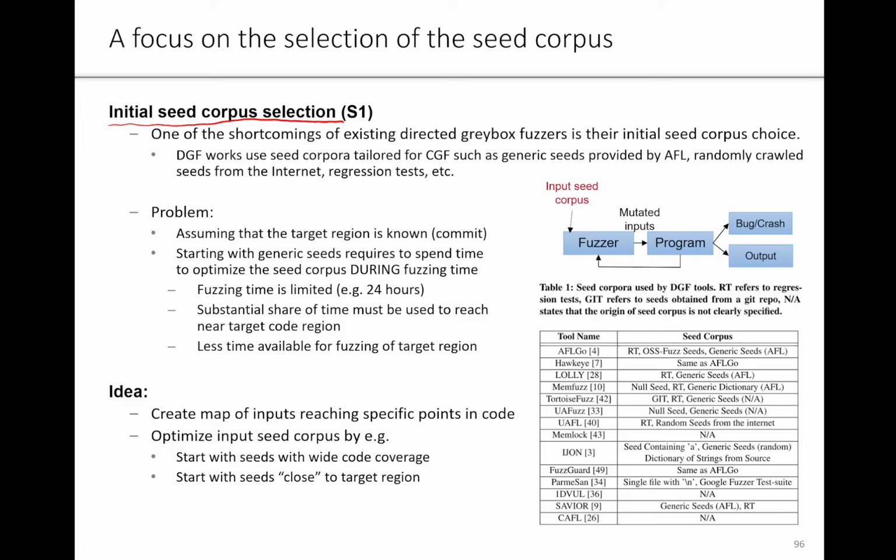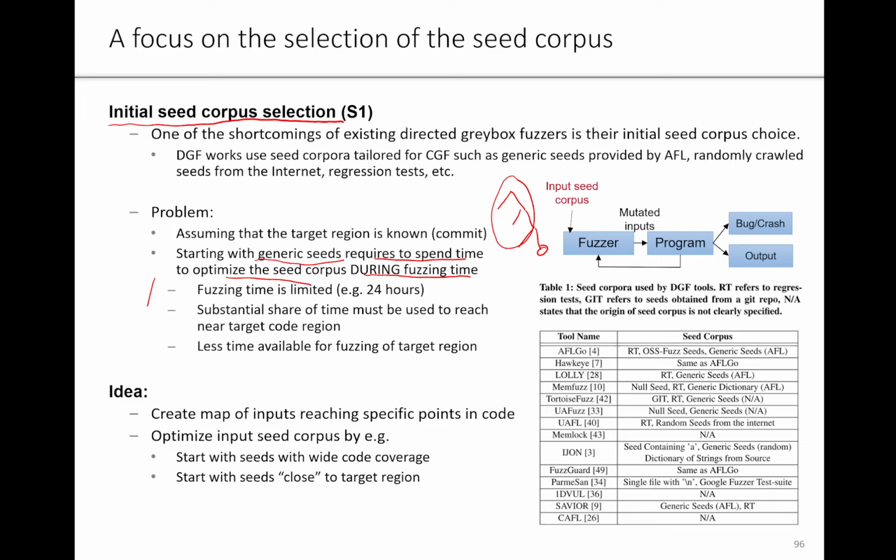So starting with a generic seed requires spending time to optimize the seed corpus during the fuzzing time. So you have to learn every time, okay, this is what the tree looks like, this is where I want to go. And because your time is limited, you spend quite some time in building the tree.